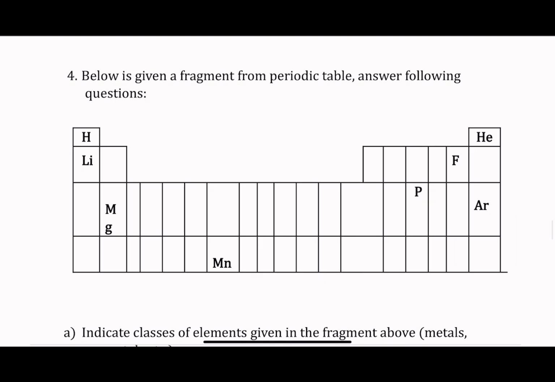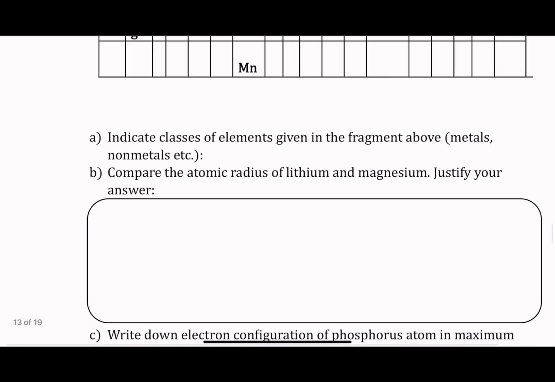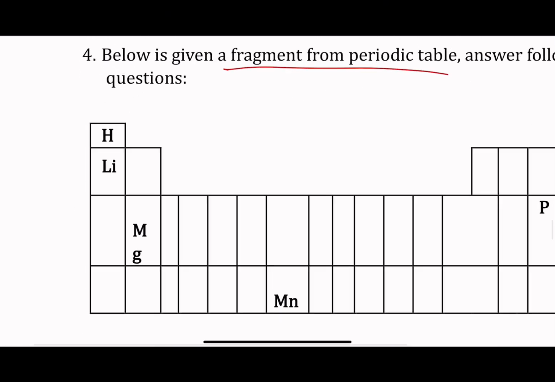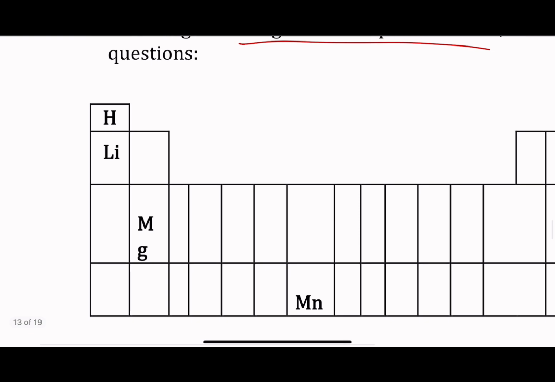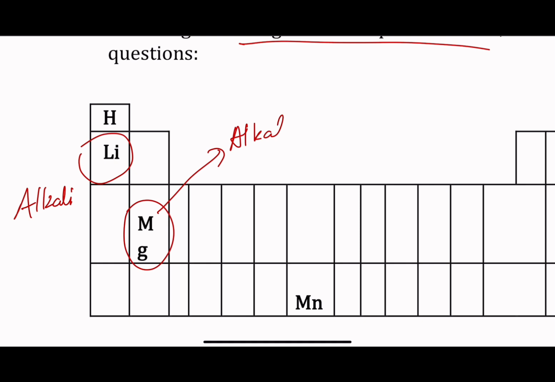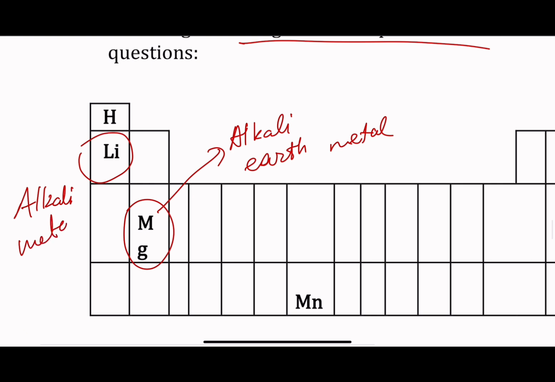Over here we have a fragment of a periodic table, and we just need to find out which classes these elements belong to. We know that this one is an alkali metal, while this magnesium is an alkaline earth metal. So you guys need to know all of the classes.